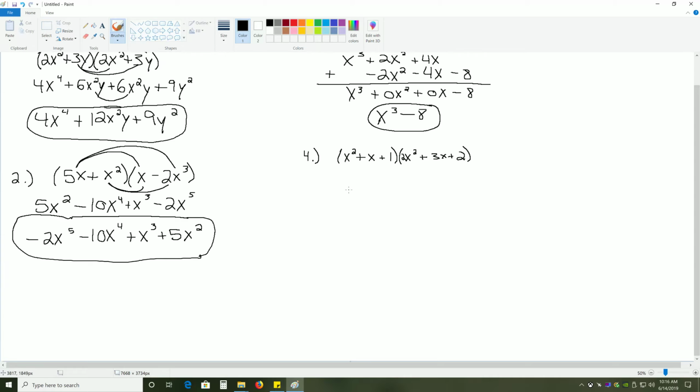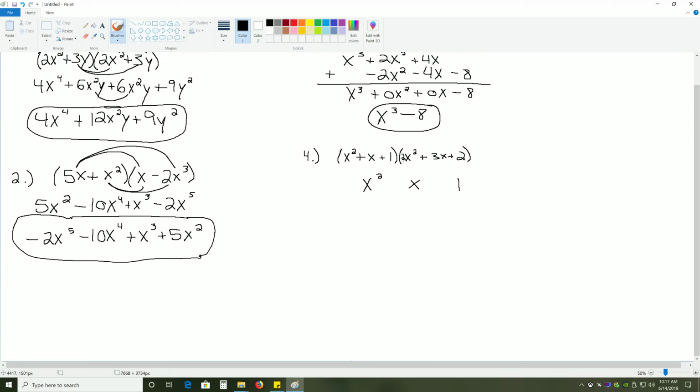And the box method says we're going to take each of our terms in our first polynomial and write them out without addition. So we have x squared, x, and 1. If one of these terms were minus x, for instance, then you would put the negative with your x. But in this case, they're all positive, so we just drop the positive signs.